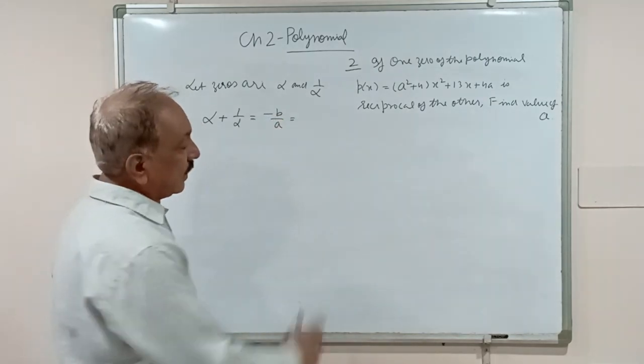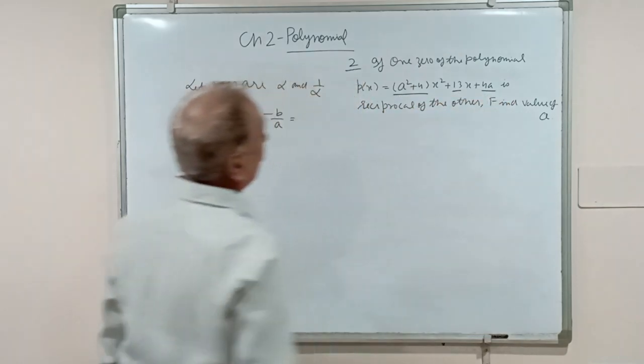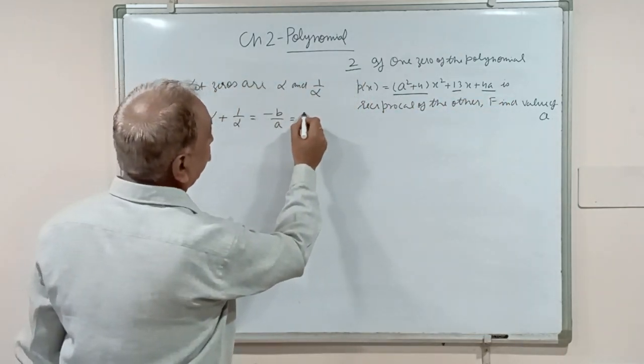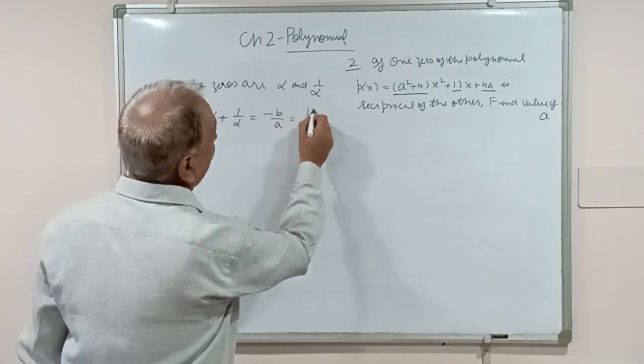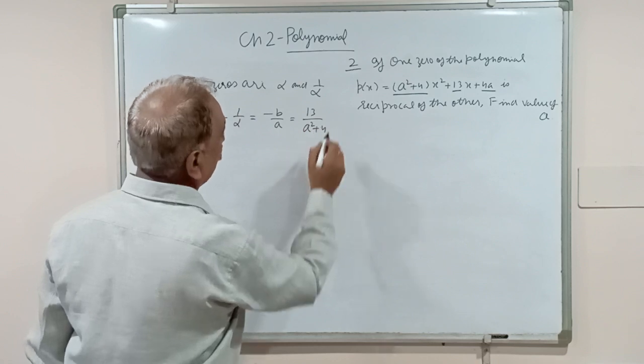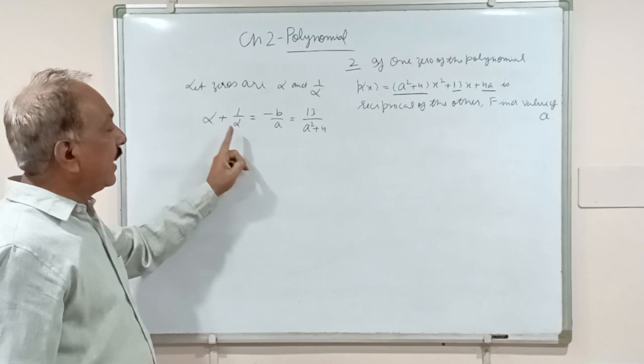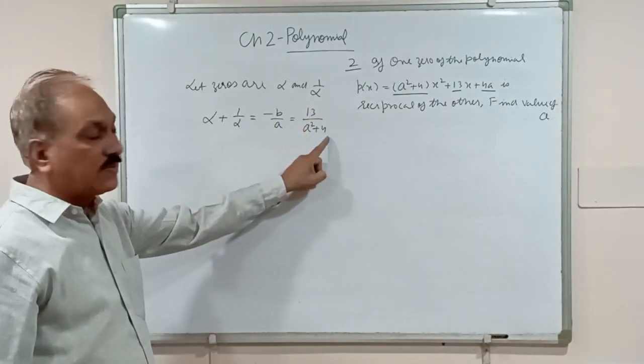You know this. This is a, this is b, this is c. On the left hand side alpha plus 1 upon alpha, and on the right hand side 13 upon a square plus 4.